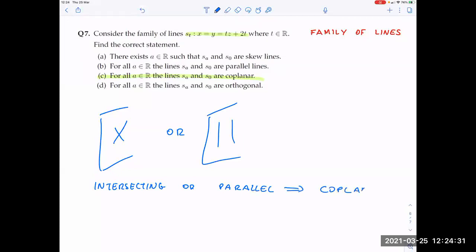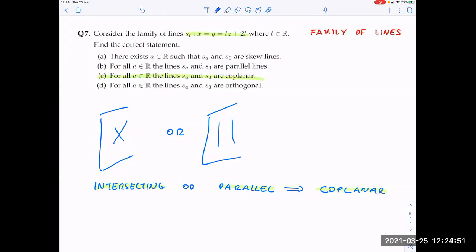That's one way of seeing this. So what you can do is to show they are either intersecting or parallel for all values of C, and you will show that they are coplanar.